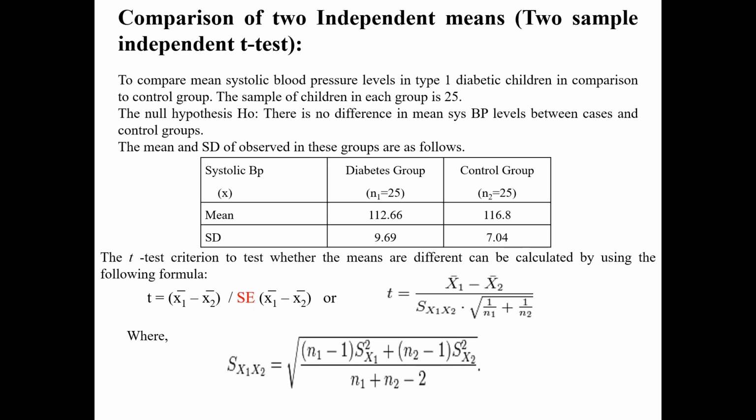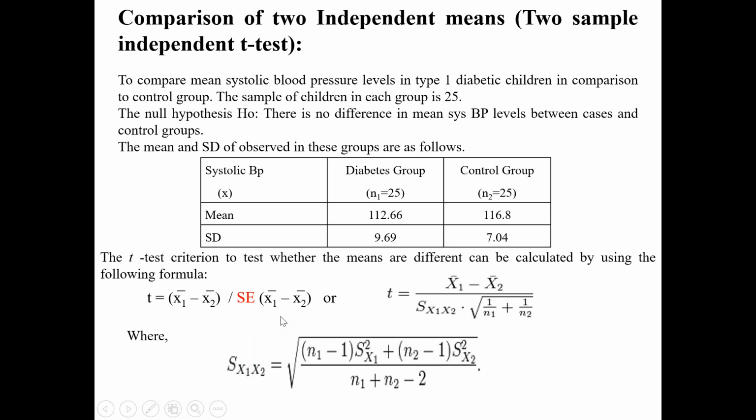So the standard error of the difference between two means will be used. The t value equals the difference in the mean of sample 1 from that of sample 2, mean is 112 and 116, divided by the standard error of the difference between the means.